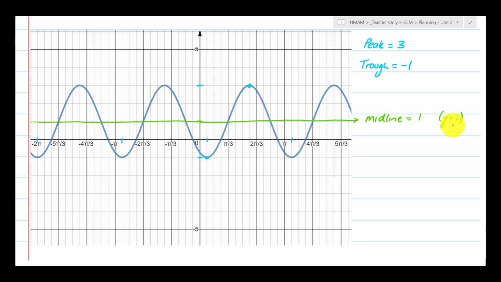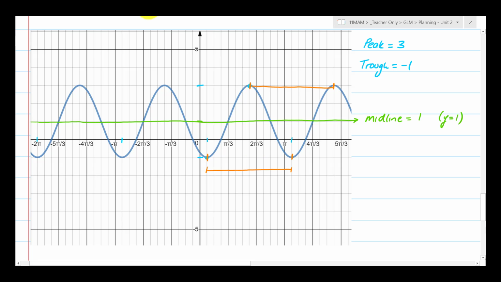Let's talk about our horizontal things now. The last thing we talked about in that set of videos was the period. So that's a period, but this is also a period. Periods are peak to peak or trough to trough. If you are going from a peak to a trough, that's half a period.